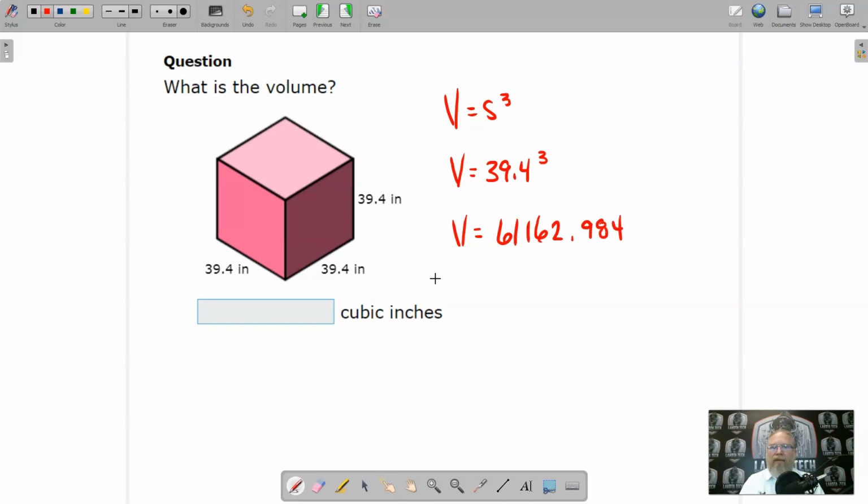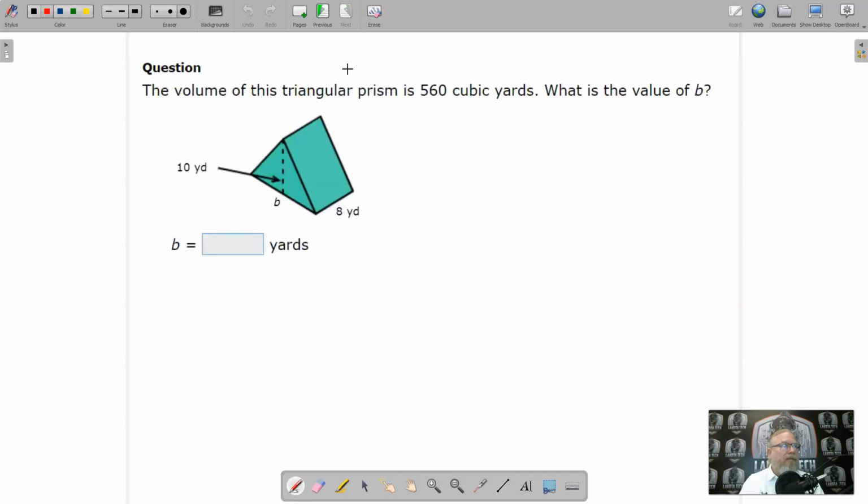Notice they don't ask for us to round this anywhere, so we want to put that in, 61162.984. If it doesn't ask you to round to a certain place value, then put in the entire answer.